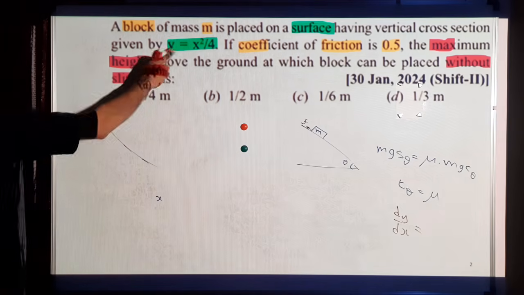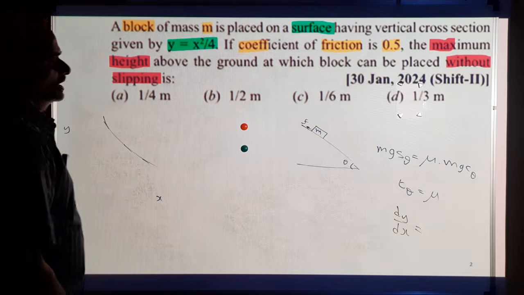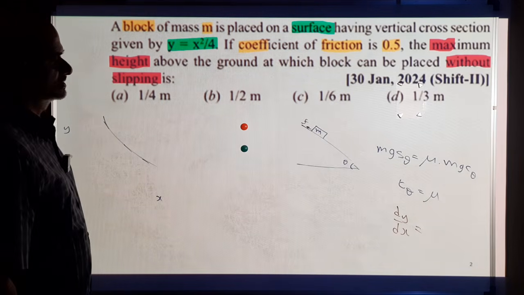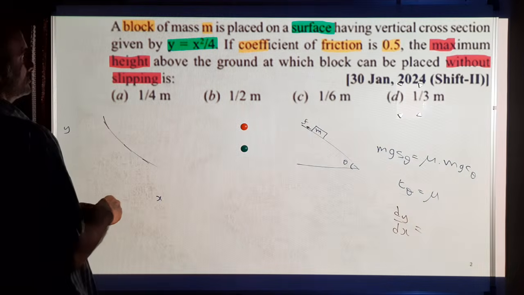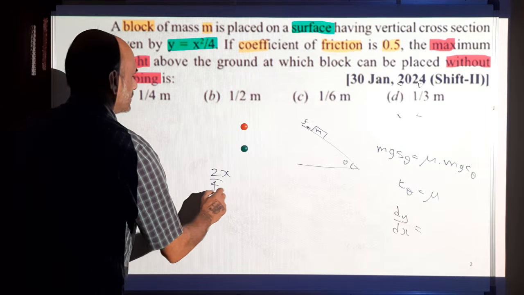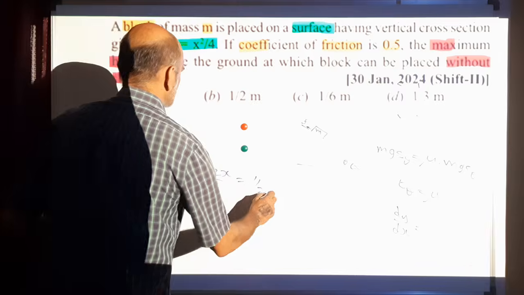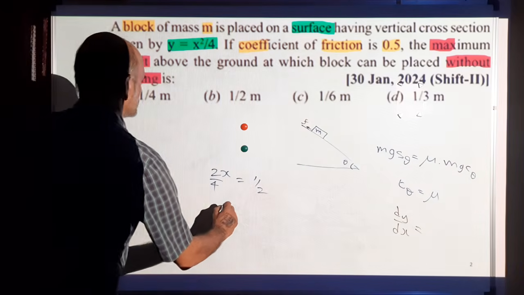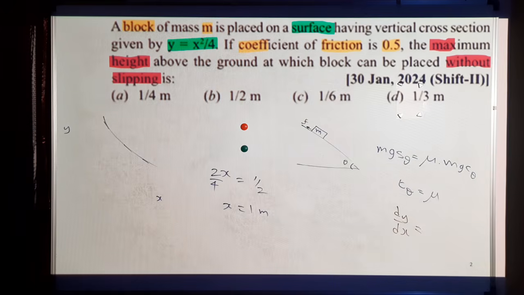So dy by dx of this curve will give the slope of this inclined plane, and that tan theta is dy by dx. And for this particular profile, dy by dx is 2x by 4. That should be equal to mu, which is 0.5. So half. So x equal to 1 meter.